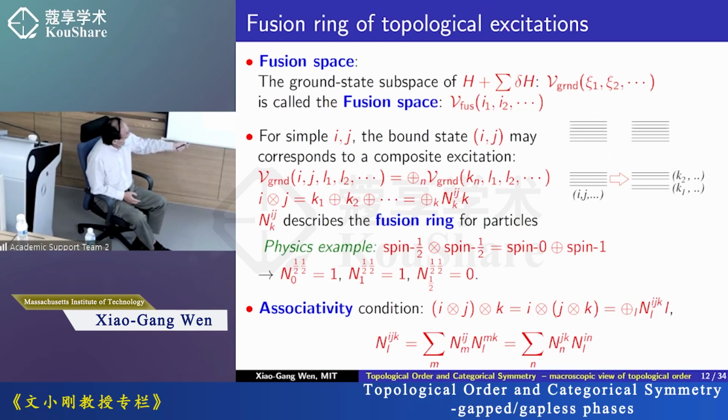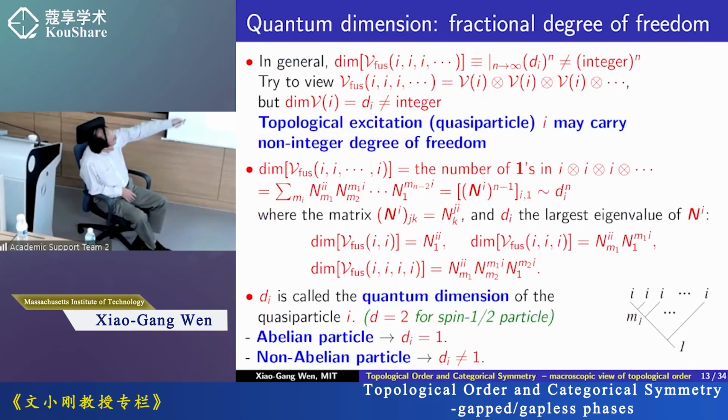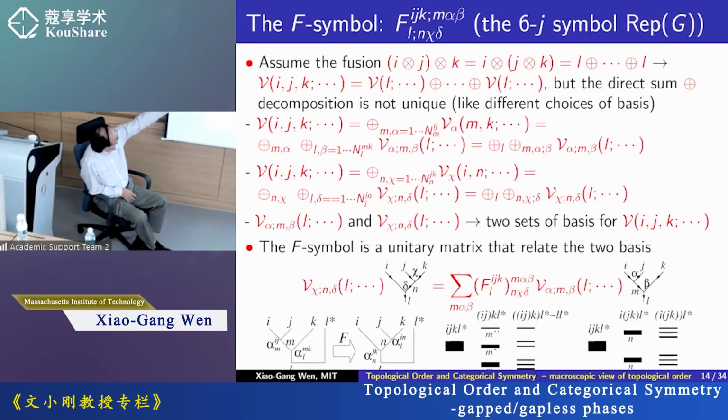So when you write out the direct sum, the K would appear twice. And it's the same thing here: if N_ij^M is more than 1, then alpha would have a range from 1 to this value. That means this M appears several times, and we put that index of how many times M appears at this vertex. So I and J fusing to M, but M may appear several times, and this alpha may have a range.